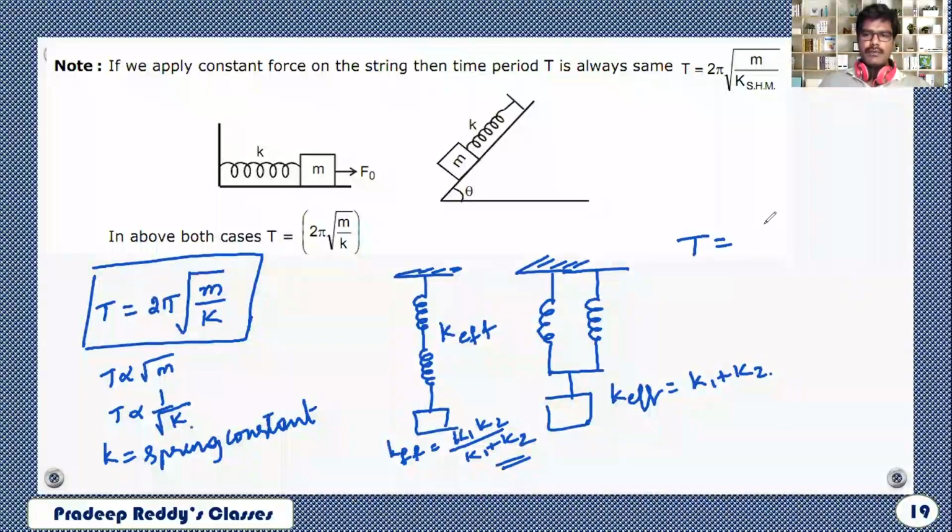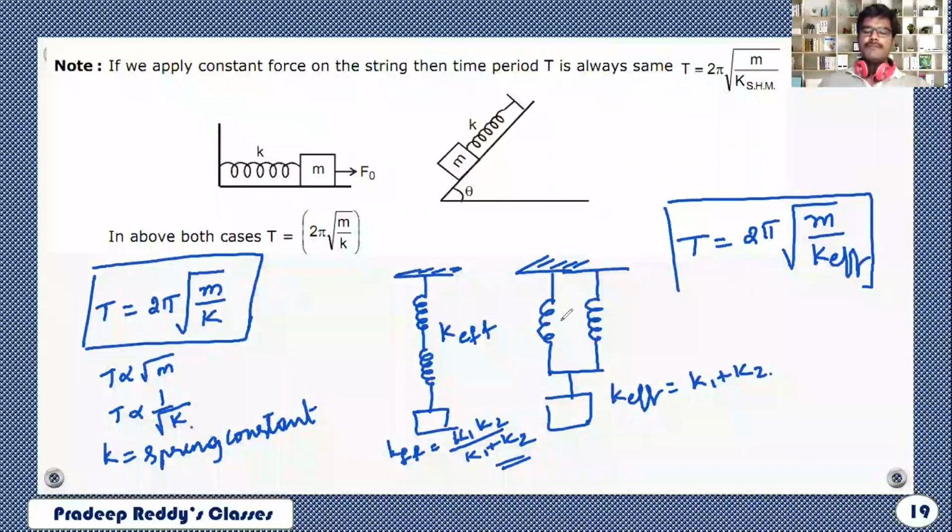T is equal to 2 pi under root m divided by K effective. If springs are connected in series, K effective will be K1 K2 divided by K1 plus K2. If two springs are connected in parallel, then the effective spring constant is K1 plus K2, which you will substitute here. Okay, so that's about two springs connected in series or parallel.